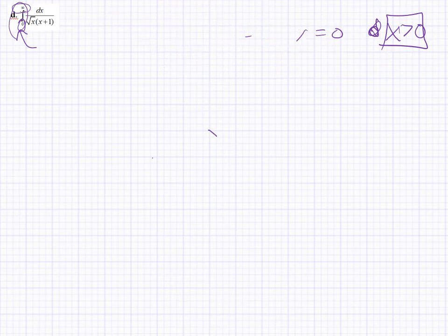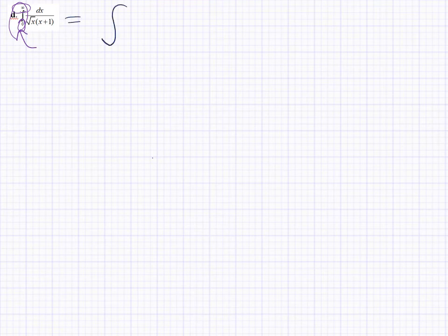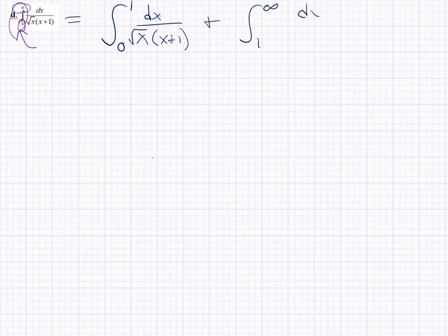So to fix that, we're going to have to take this and split it apart. Remember, it's continuous between 0 and infinity, so we can split it anywhere we want. So what I'm going to do is go, say, 0 to 1 of dx over the square root of x times x plus 1, plus 1 to infinity of dx over the square root of x times x plus 1.